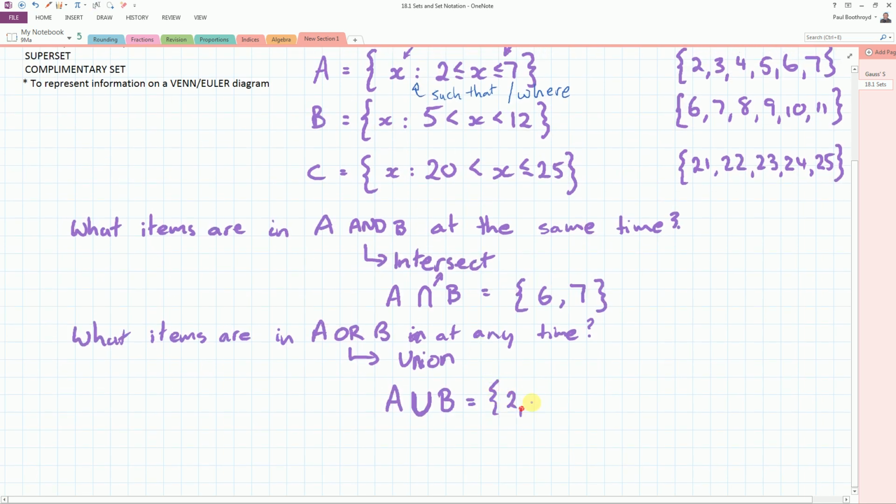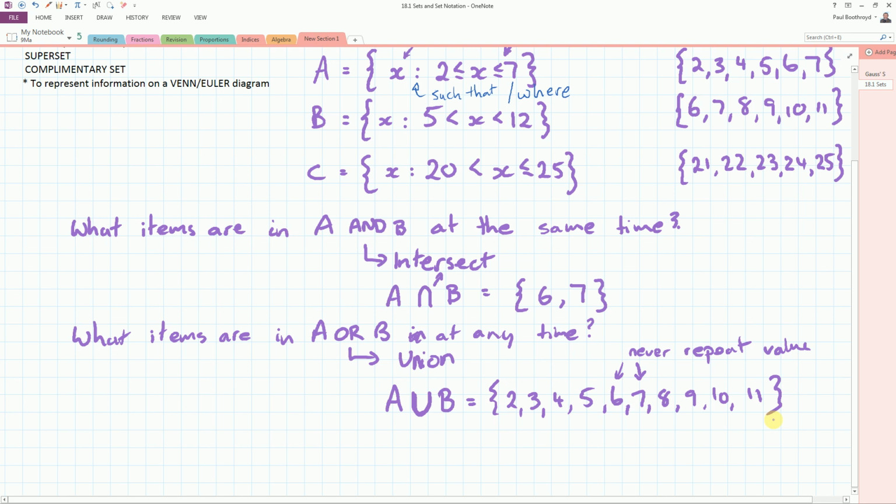So it could be 2, 3, 4, 5, 6, and we never repeat a value. It's either there or it's not. It's not there twice. So we've got 7, 8, 9, 10, and 11. So that's the longest set.